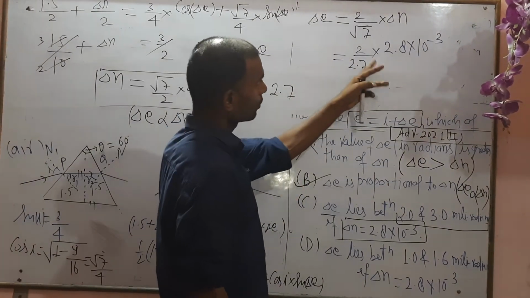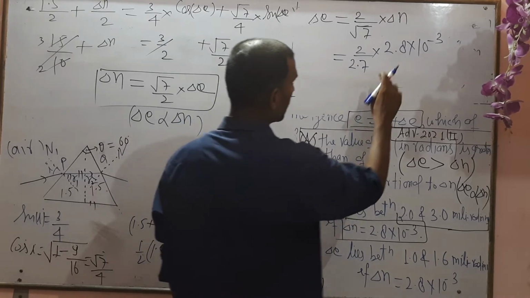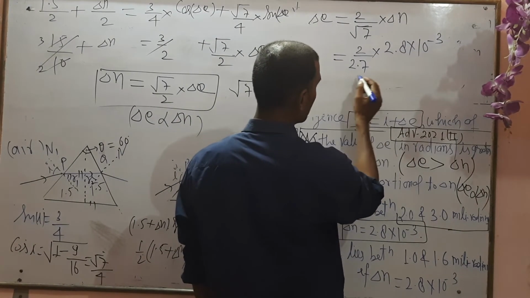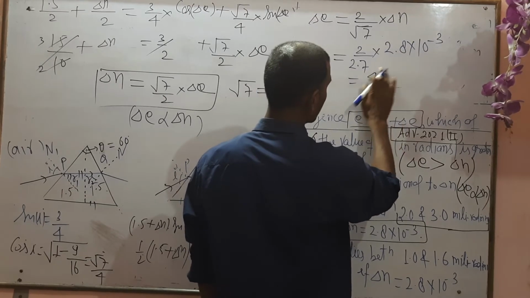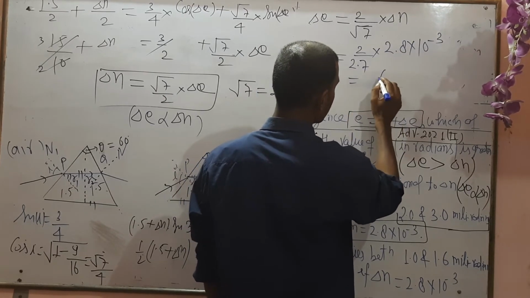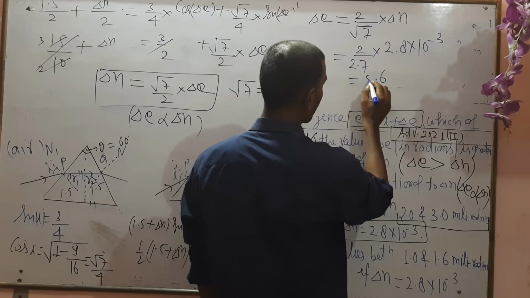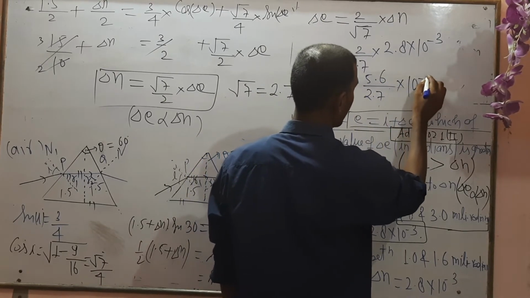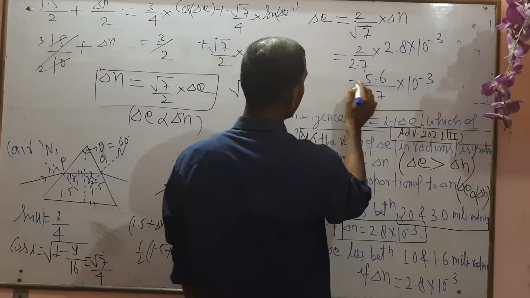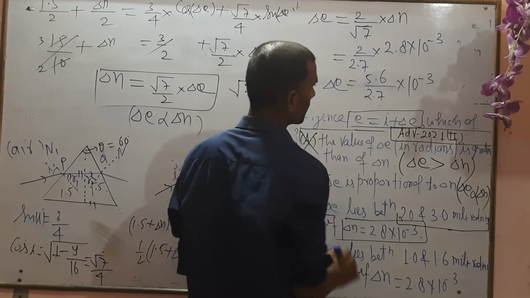Try to solve: 2.8 into 2 is 5.6. So 5.6 divided by 2.7 into 10 raised to minus 3 is delta E.